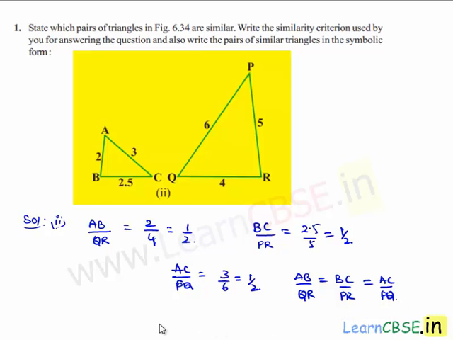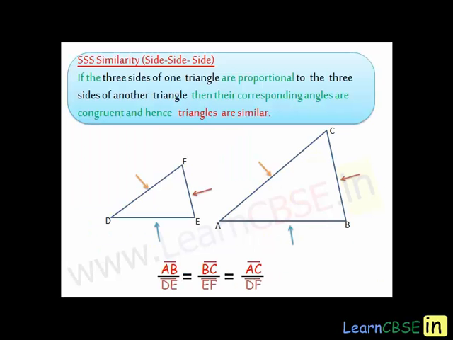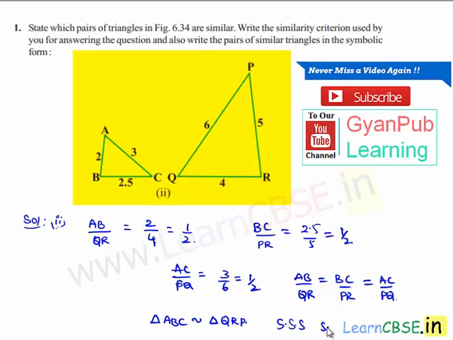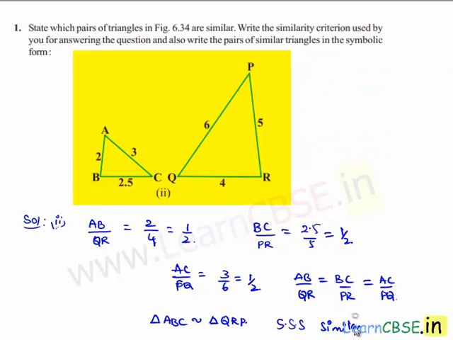So finally we can say that triangle ABC is similar to triangle, A corresponds to Q and B corresponds to R and C corresponds to P. Finally we can say that triangle ABC is similar to triangle QRP according to SSS similarity, as all sides correspondingly are in proportion.